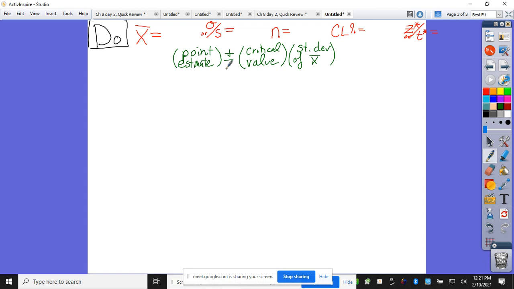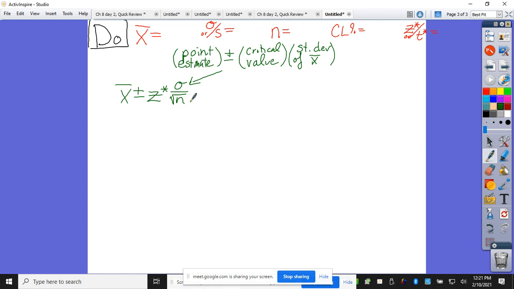So depending on if we're using Z or T, if we're using Z right now, because that's the one we know how to use, we would take x bar as our point estimate, plus or minus our Z times sigma over square root n. Our point estimate is our sample mean, our critical value is our Z. How do we find the standard deviation of the sampling distribution of x bar?